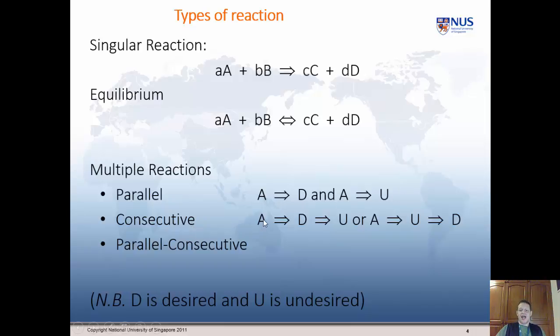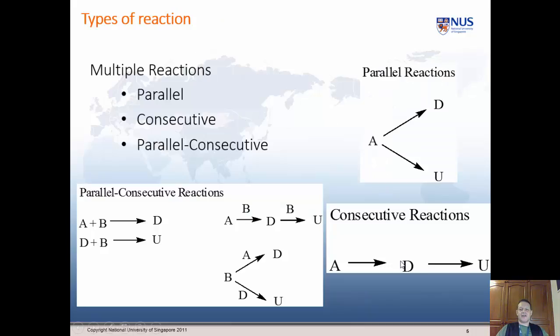Consecutive reactions, where A goes to D, then goes to U, or A goes to U and goes to D, or parallel consecutive. And let's put that another way. I find pictorial representations often more useful. So we have parallel reactions.